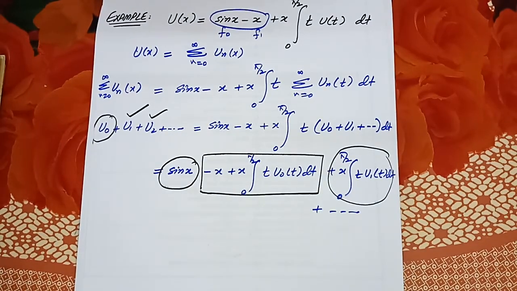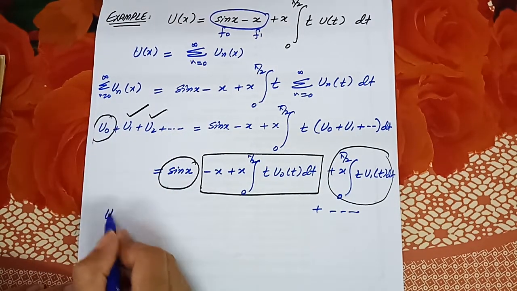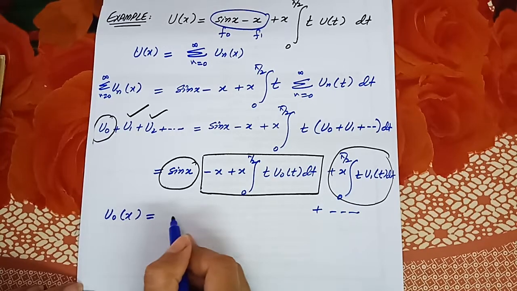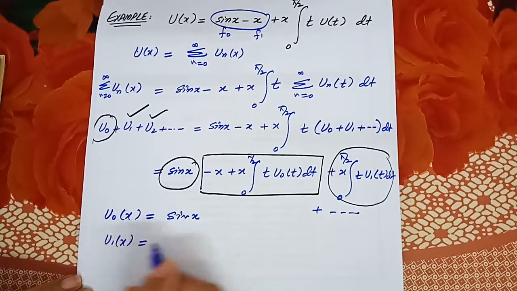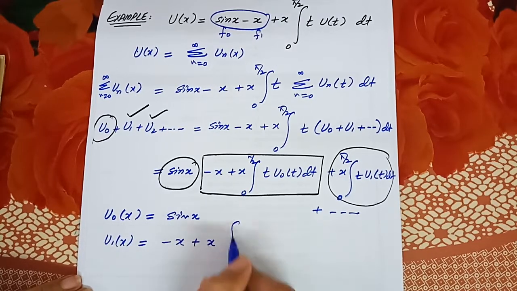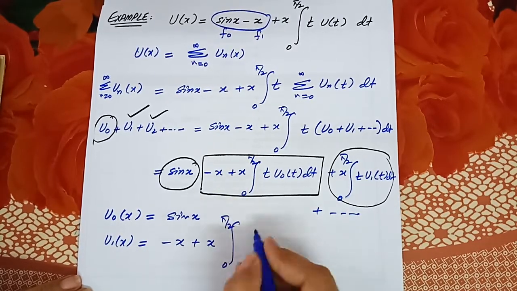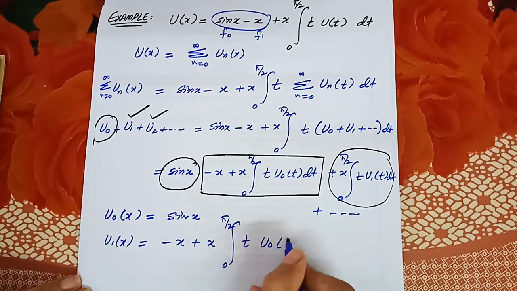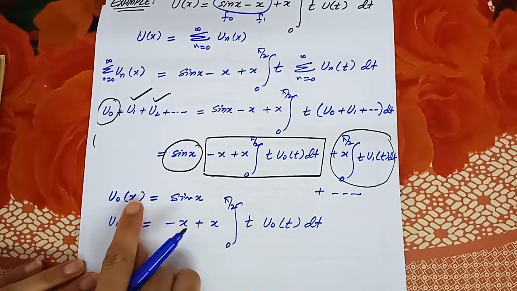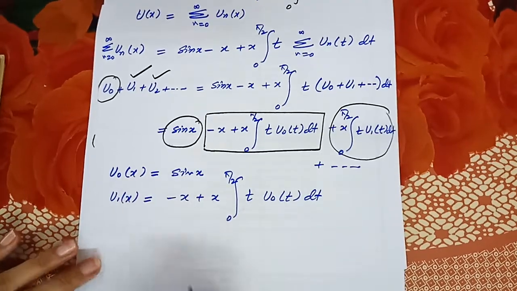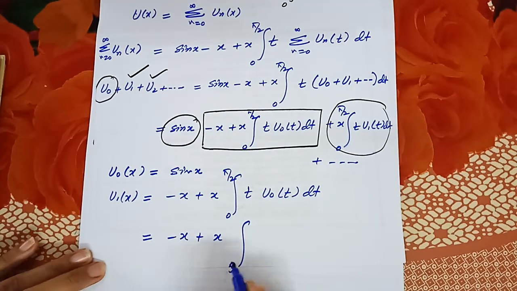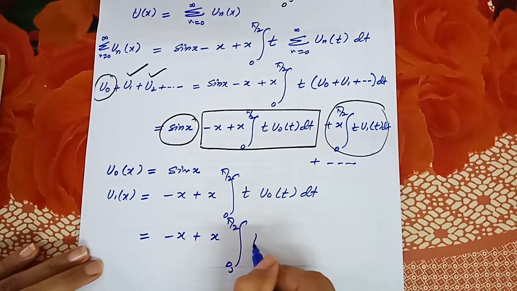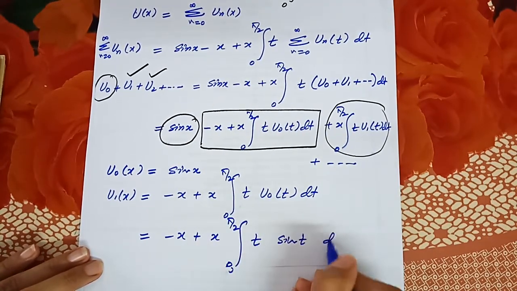So let's compare these terms. u0 of x here is sine of x, u1 of x here is minus x plus x times the integral from 0 to pi by 2 of t u0 of t dt. Now this u0 of t can be replaced by its value, that will give us minus x plus x times the integral from 0 to pi by 2 of t sine of t dt.